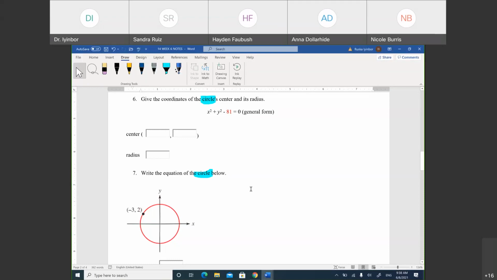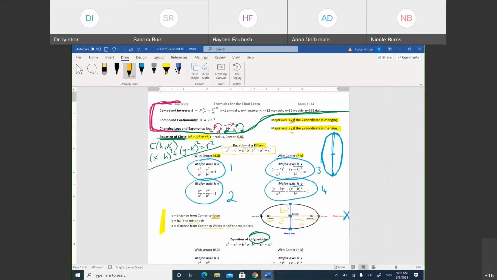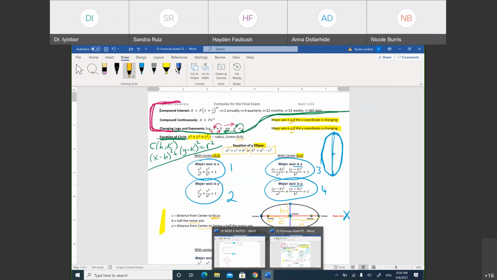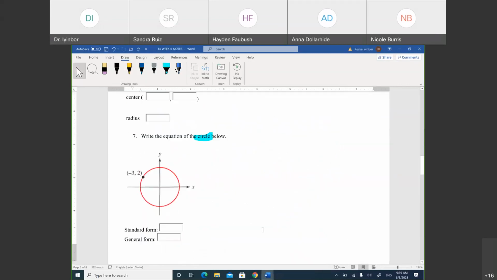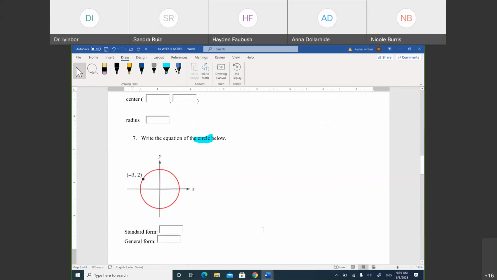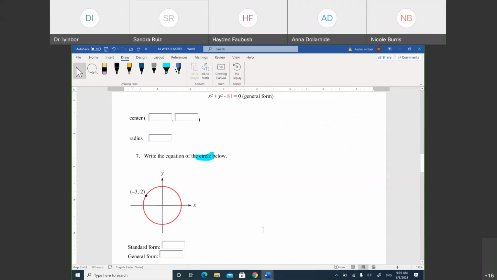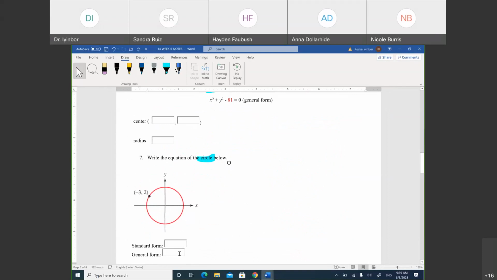Now, the form I give you here in the formula sheet, this formula here, is x squared plus y squared equals r squared. And this is called standard form. I'm gonna write it here. So standard form is x squared plus y squared equals r squared.